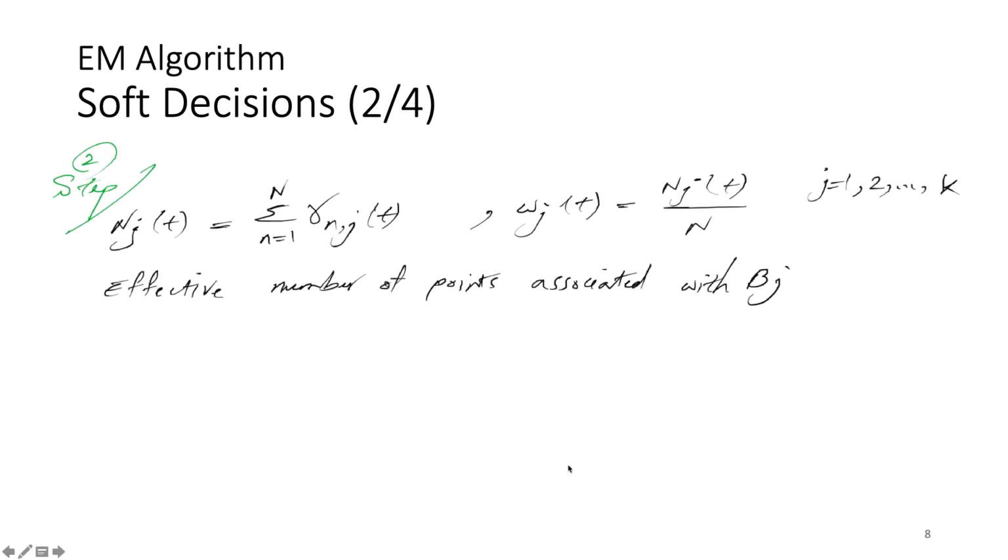All right, step 2. Now we need to define another parameter that can hold the summation of this at each iteration, right? Nj. So this Nj used to be n for the previous case, right?